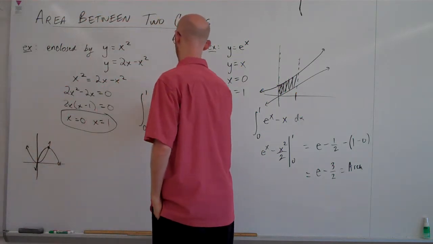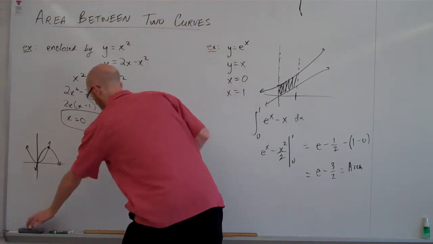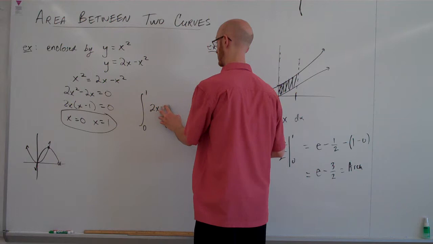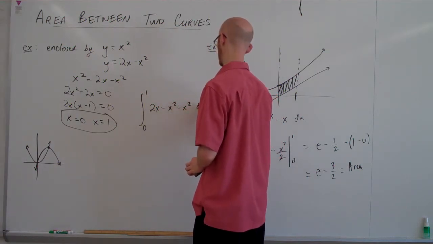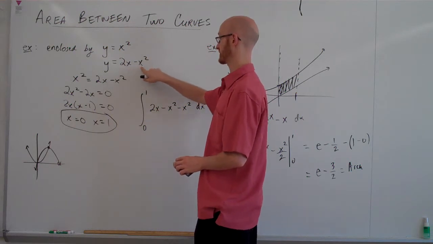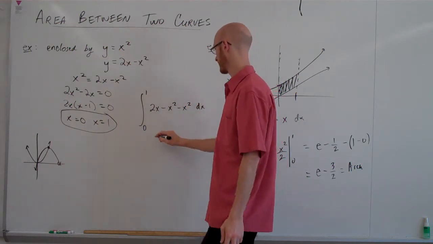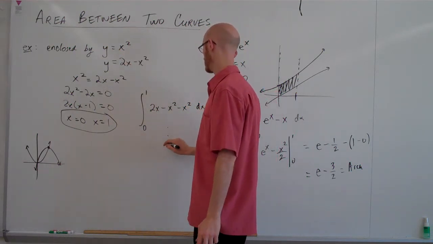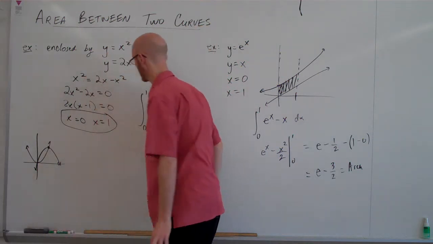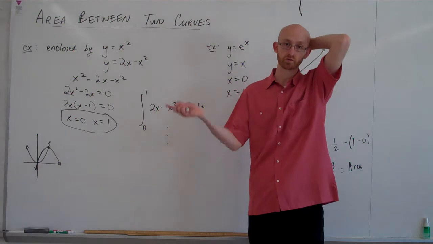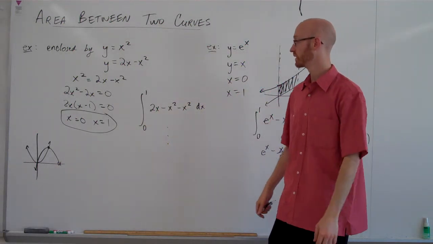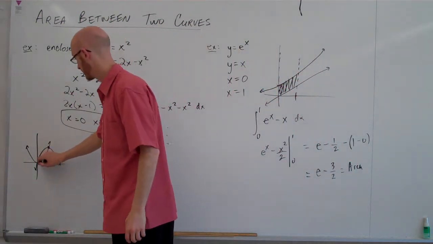So we'll do the integral of 2x minus x squared minus x squared dx. And then you can take it from there. I'm not going to spend the time going through that part. Collect your like terms, do the antiderivative, plug the values in, and you'll have the area right here.